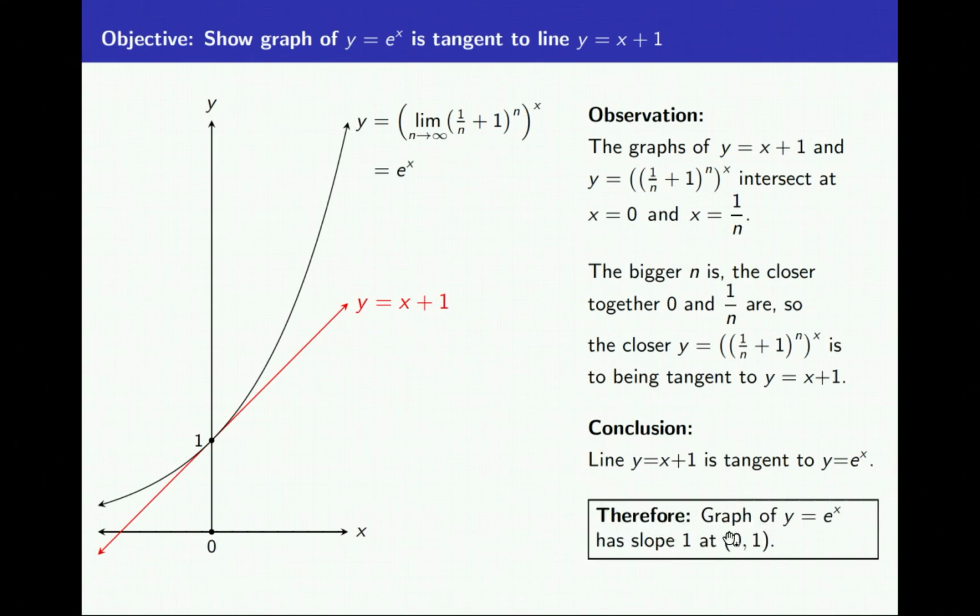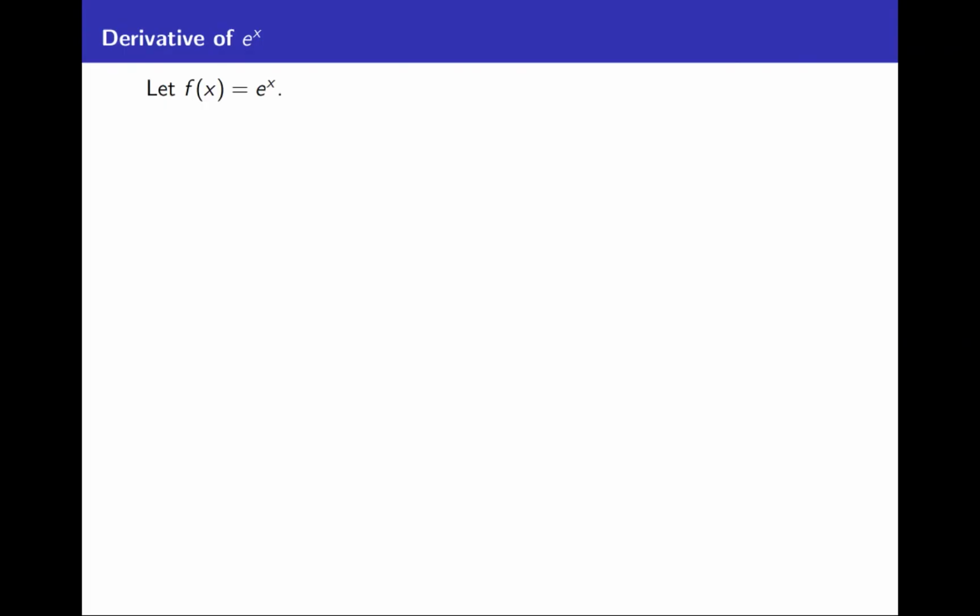So therefore, the graph of y equals e to the power of x has slope 1 at the point (0, 1). This was one of our goals. We said earlier that the exponential function e to the x is the only exponential function that has slope 1 at x equals 0, and we've just proved that it does have slope 1. We'll move on to our next goal.